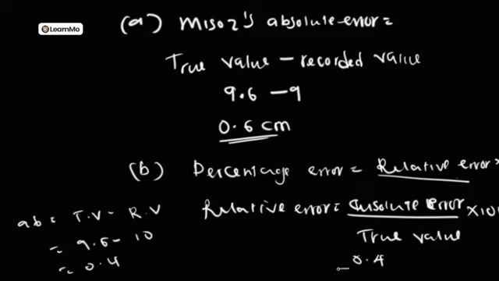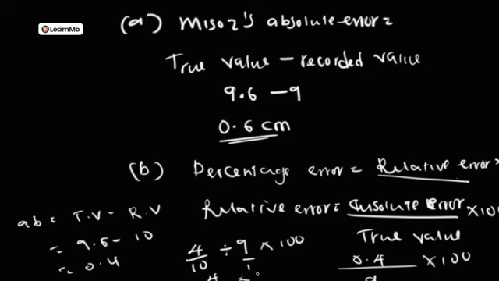Then the true value of this line was what? 9.6 multiplied by 100. So here it's the same as 4 over 10 divided by 9.6 times 100. So over 1. So it will be 4 over 10 multiplied by 1 over 9, which will give you 4 over 90 times 100, which will give you 400 over 90.